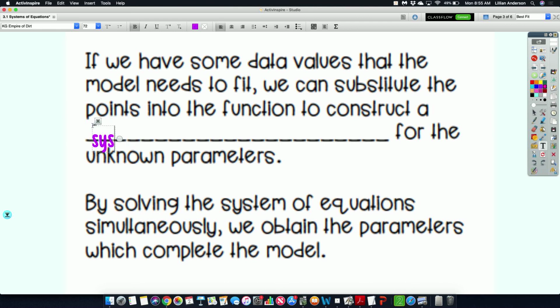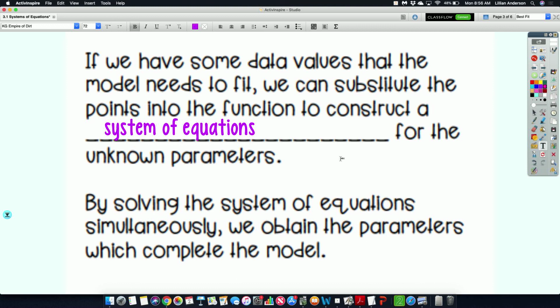System. Thank you. A system of equations with technology for the unknown parameters, aka variables. Very good.